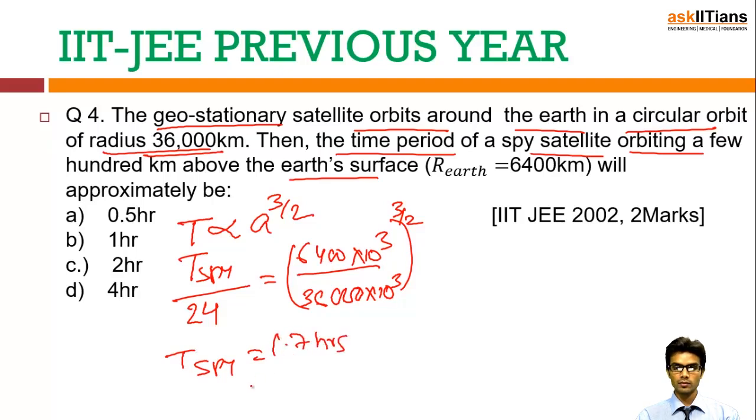So since according to the question, T square is directly proportional to a to the power 3 by 2, that is, if a increases, then T also increases.